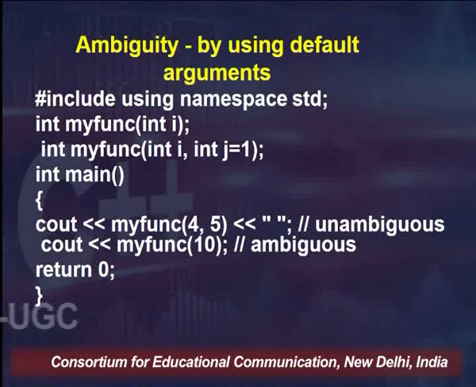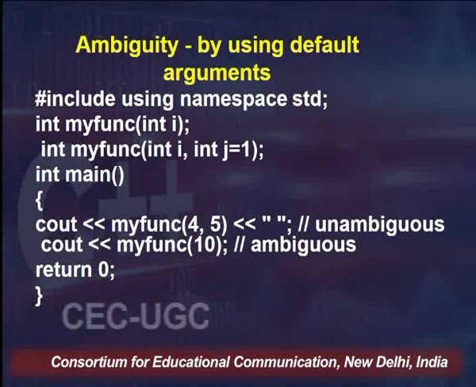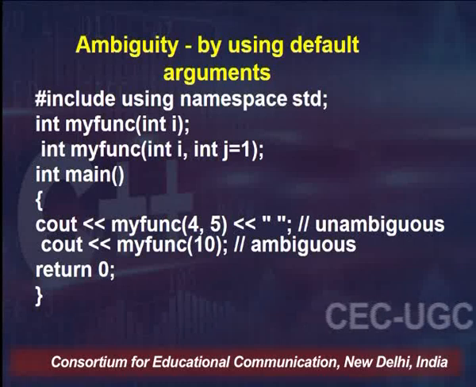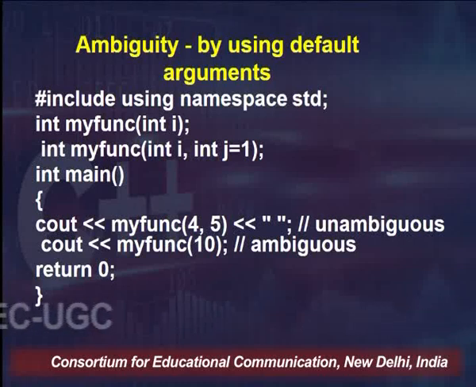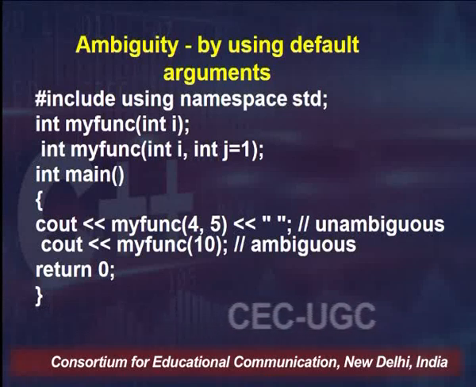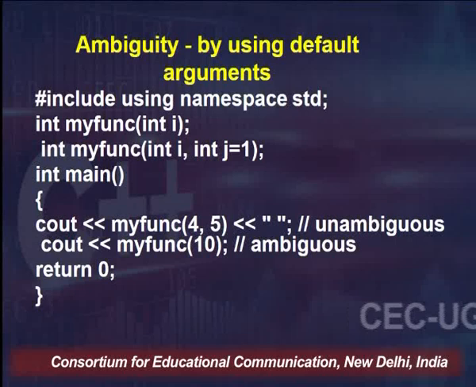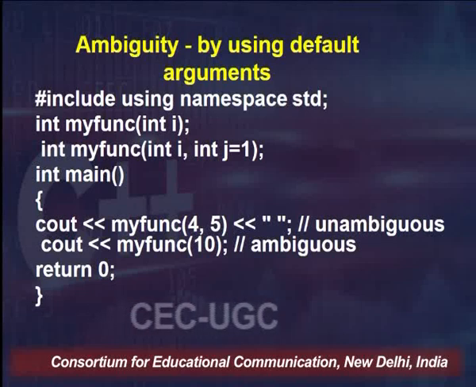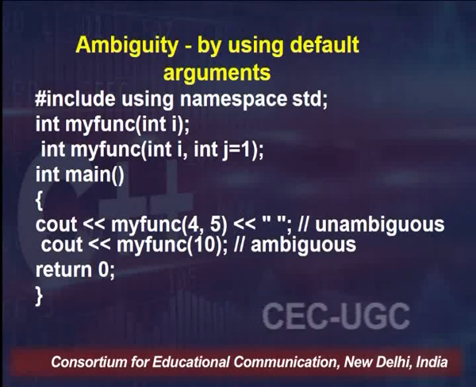It is going to call the function with two parameters i and j. Although j is a default parameter, it will be replaced by the new value passed in the parameter list, so i will be 4 and j will be 5. Here there is no confusion to the compiler about which function is to be called.